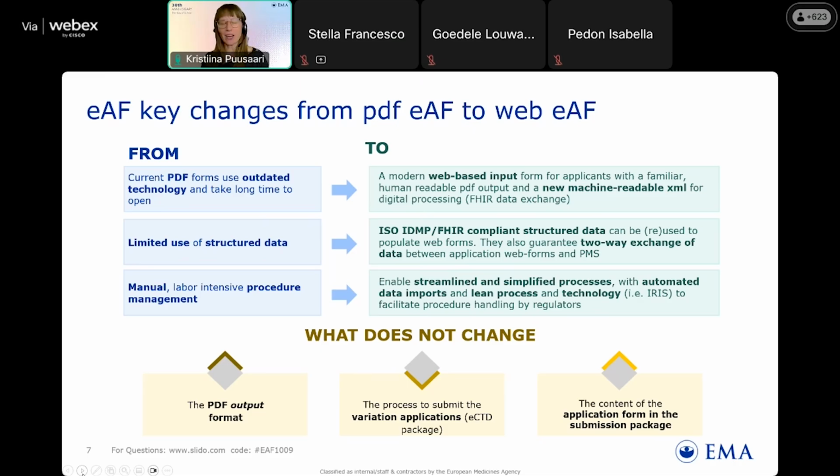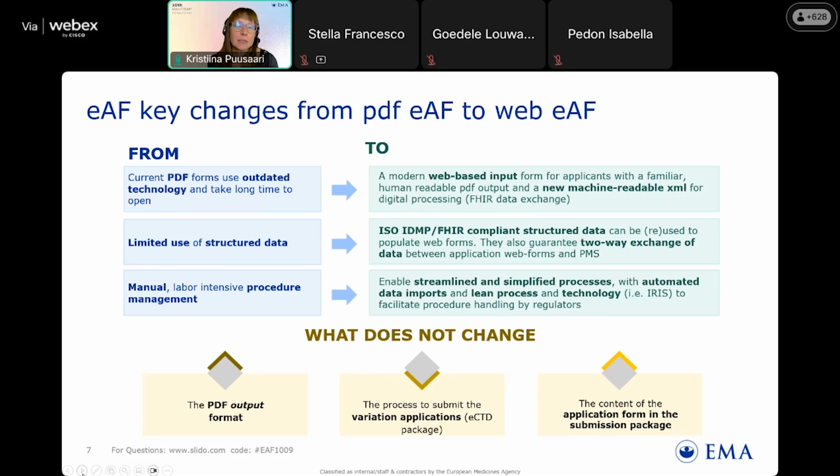I think we went live in 2011, and we have then subsequently moved to the PLM portal web-based form, which benefits from a new modern web-based input form for applicants. And of course, it has a human readable PDF output and a new machine readable XML for digital processing. We are using the FHIR Data Exchange Standard, which is an open standard.